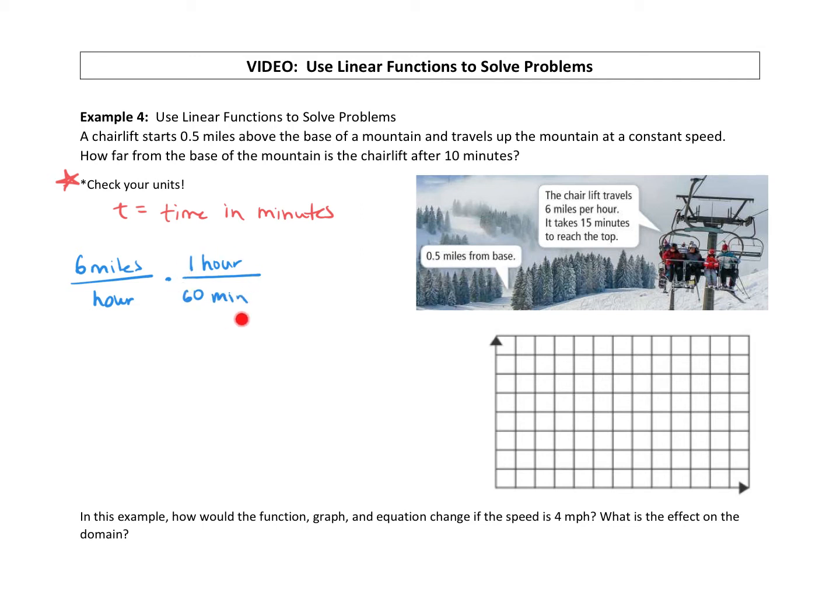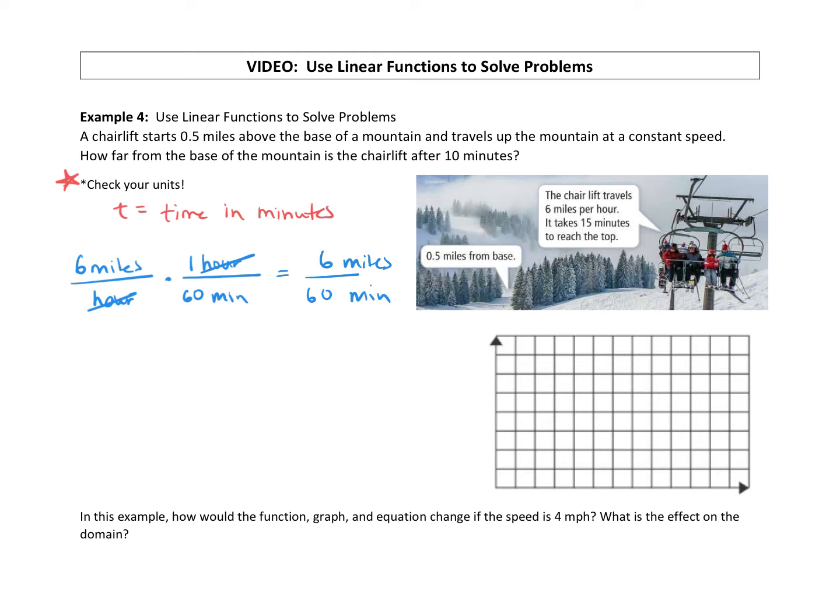So this fraction has the same value. 1 hour is the same thing as 60 minutes, so essentially it's like a 1 over 1. It doesn't have a value of anything other than 1. So if we multiply our rate of 6 miles per hour times this conversion, we get 6 times 1 is 6 over 60, but these hour units cancel out and we get miles per minute.